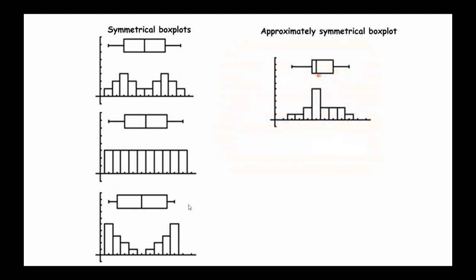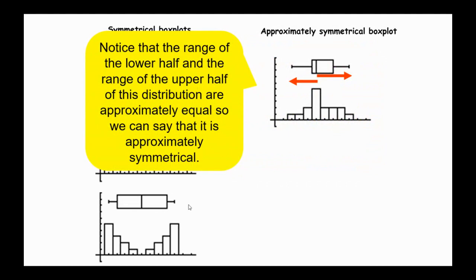But what it does tell us is skewness. So if we look at this first graph on the right side, notice that the arrows are about the same size. We start at the median and go each direction. They're about the same size.